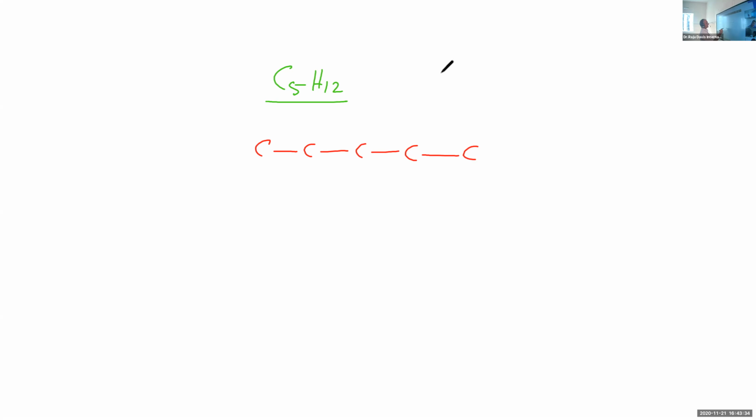Then a straight chain of 4 carbon atoms, and the fifth one is a side chain. It can be drawn from any one of the middle carbon atoms. Anyone you like, for example, from here.